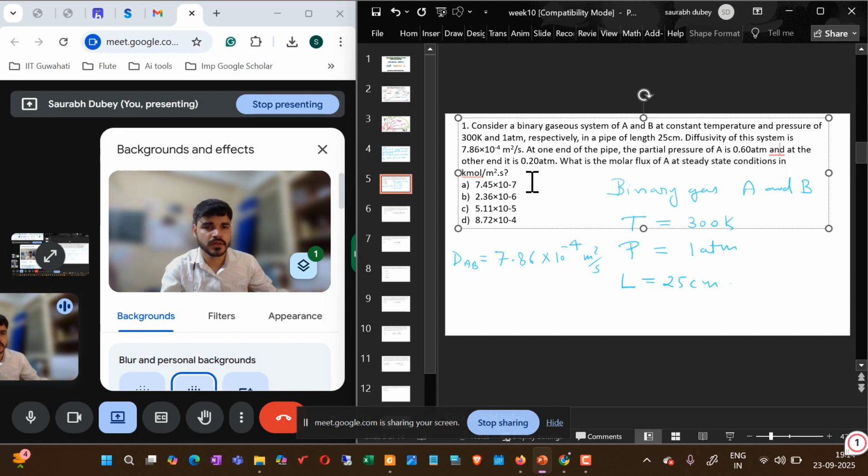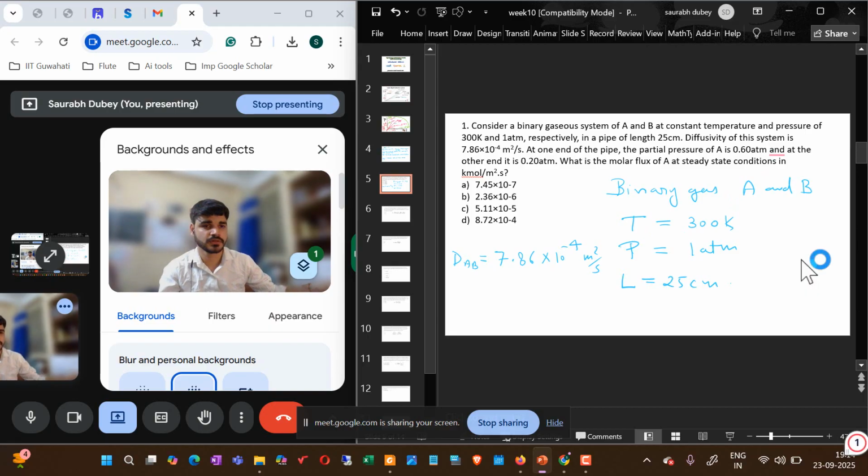At one end of the pipe, the partial pressure of A is given. So suppose this is the pipe, right?